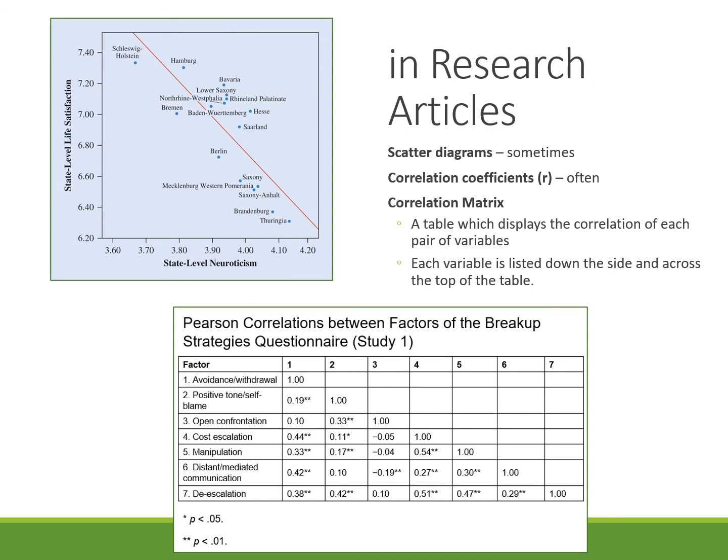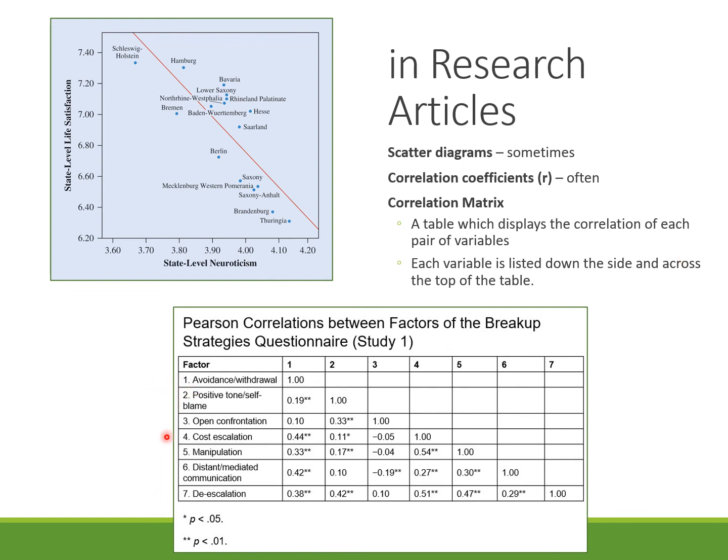Okay. Now, in research articles, one of the things that you might see are scatter diagrams. You will often see correlation coefficients, and sometimes they will put a table that has a whole correlation matrix, which is every variable correlated with the other variables.